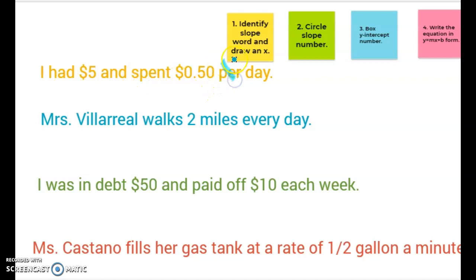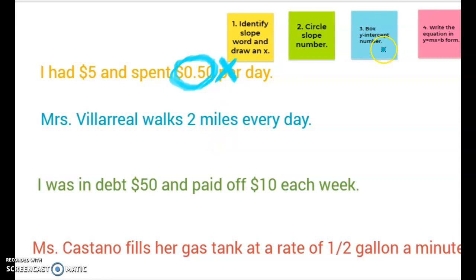So I'm either going to draw an X on top of it or above it. I'm going to circle the slope number. Remember I told you it was the number to the left or right of the X we drew, right? So I know that it's 50 cents, my slope number.